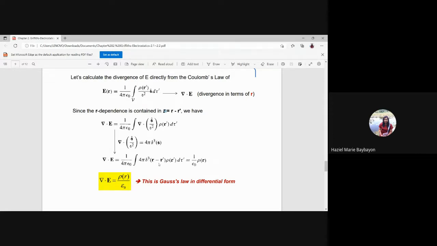And then the Dirac delta function is equal to 1 if r is equal to r prime. So what is left here is the integral of rho d tau, and then you have 1 over epsilon naught outside. Okay.